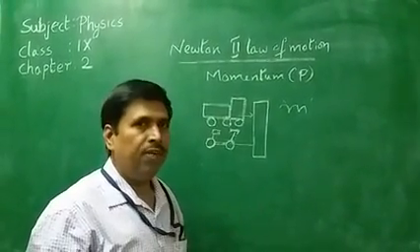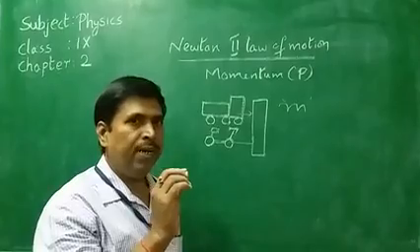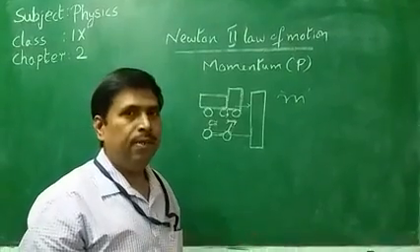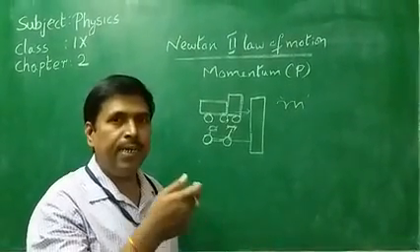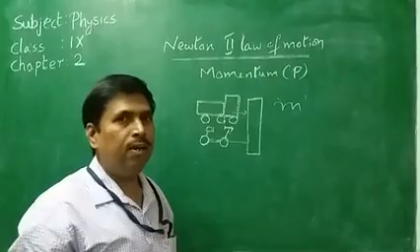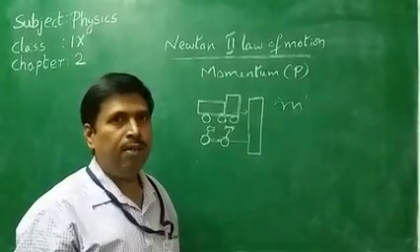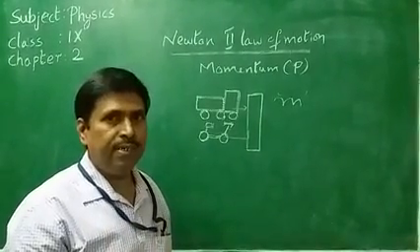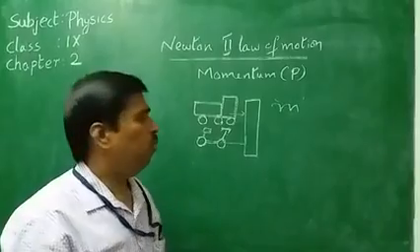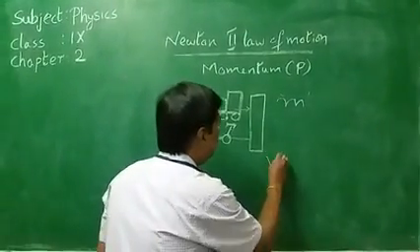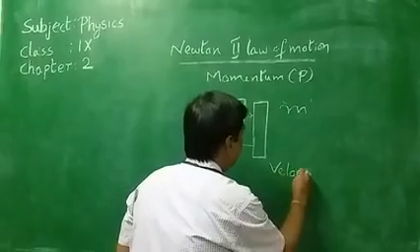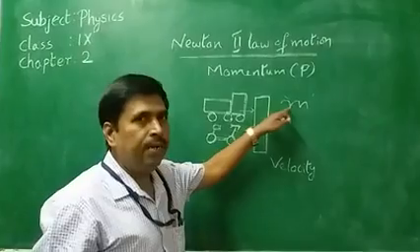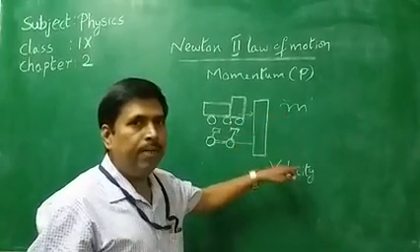Similarly, if I just throw a bullet towards the wall, it won't damage the wall. And the same bullet, whenever placed in a gun and fired at the wall, will damage the wall. Why? Because that fast moving bullet, which is having more velocity, will damage the wall. So one is velocity, a fast moving object, and the other is a heavy loaded object; both are able to damage the object.